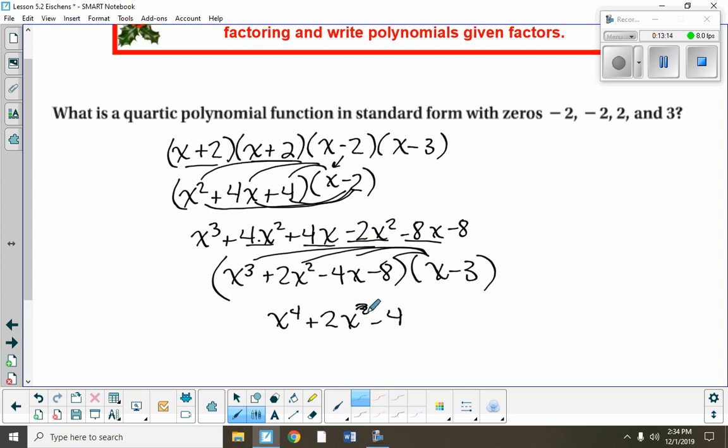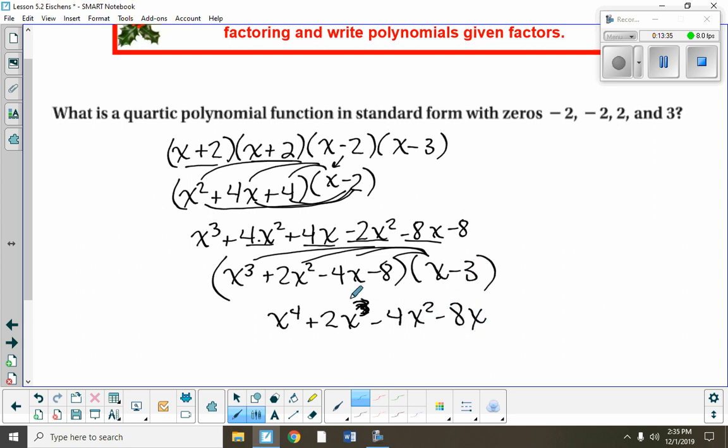So I knew I had to have an x cubed here. What did I do? x times x squared is x to the third. And then we have x times minus 4x, that'd be minus 4x squared, minus 8x.